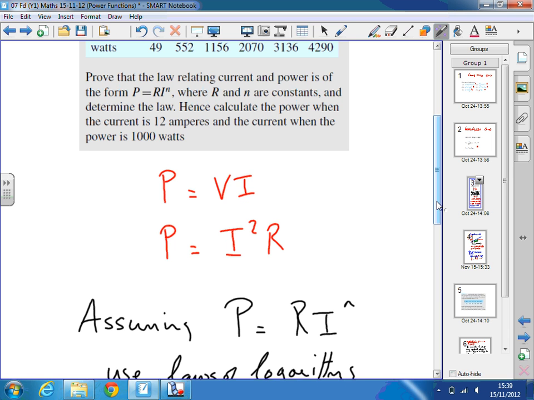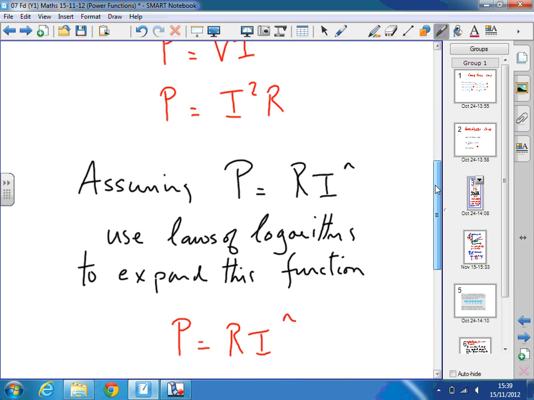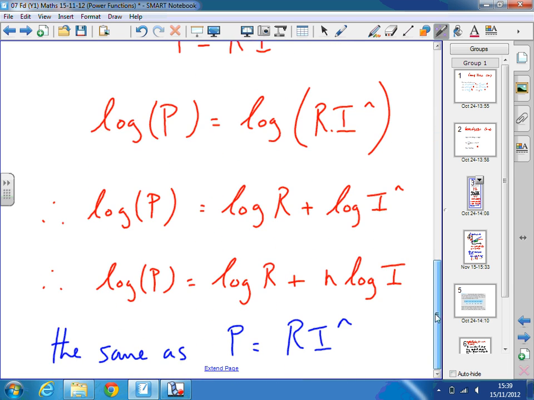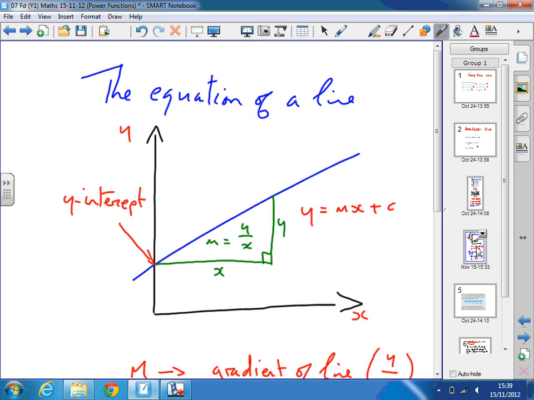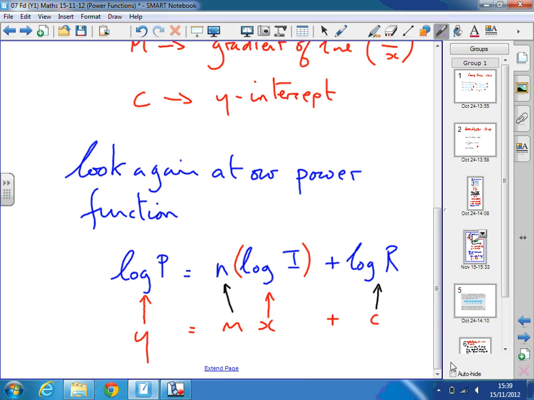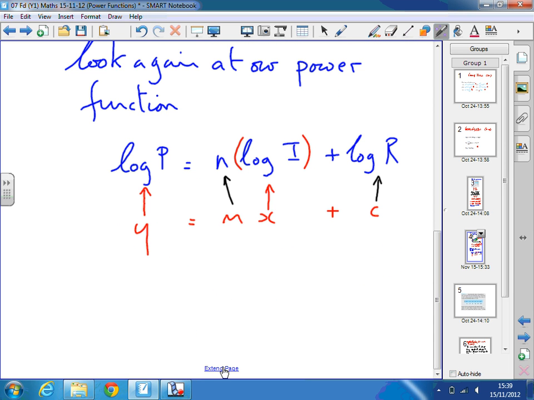Assume, you might say that's the same as guessing, assume that it's this relationship, and then we use the laws of logarithms to work out what that relationship is in a logarithmic form, and then we see that I ought to be getting a straight line if I'm right.